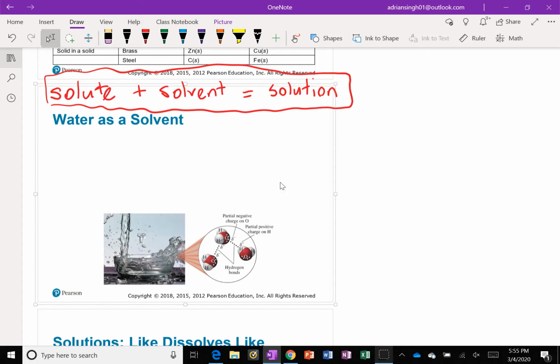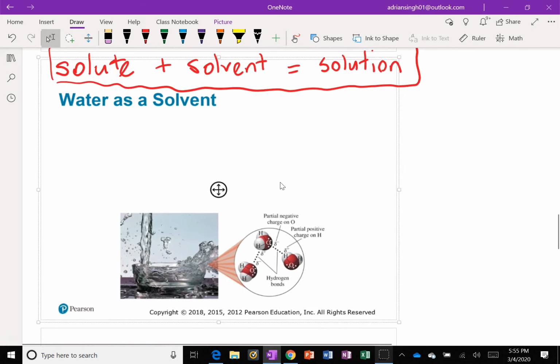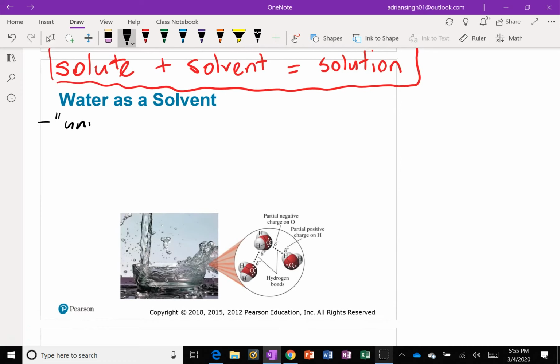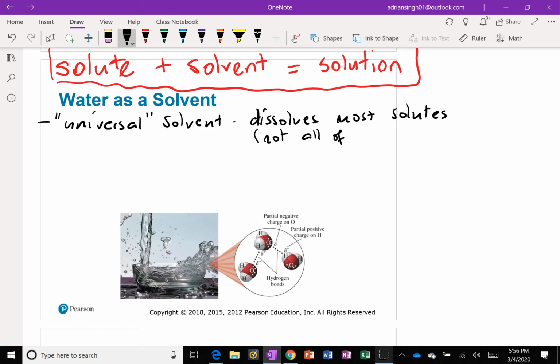Okay, so water is a very common solvent, so much so that it's actually sometimes considered the universal solvent because it tends to dissolve most solutes, but not all of them, but the majority of them.